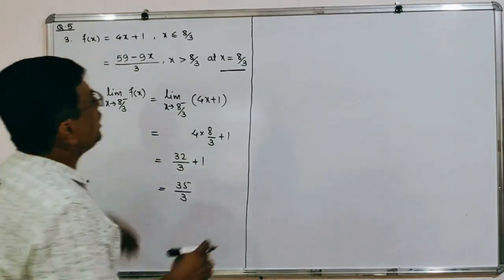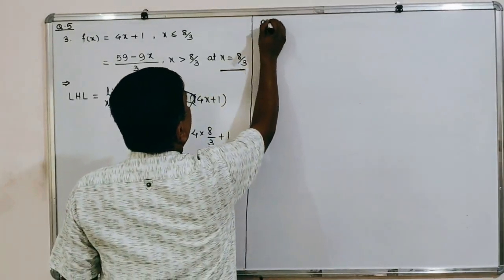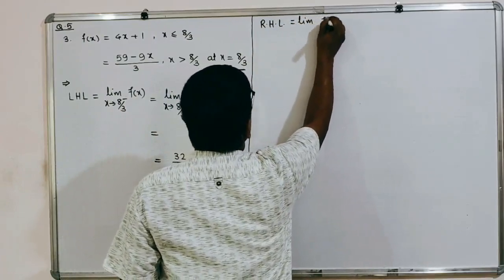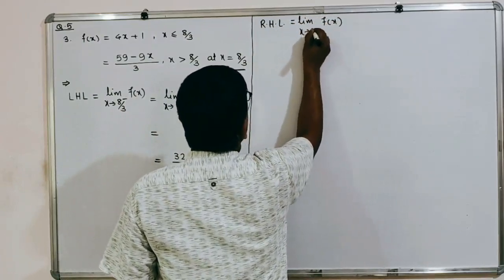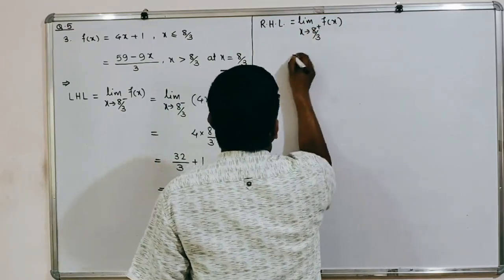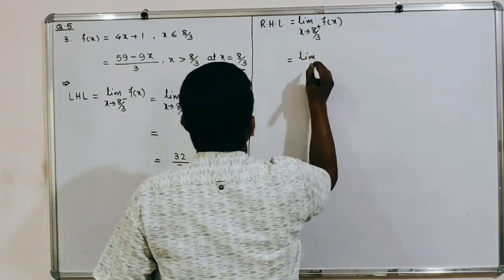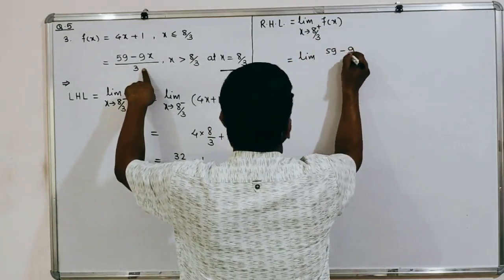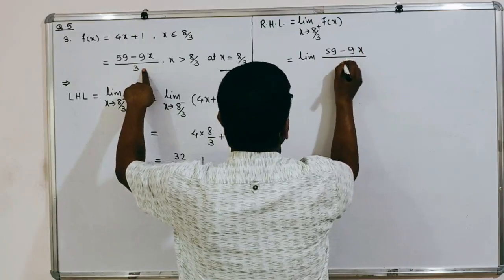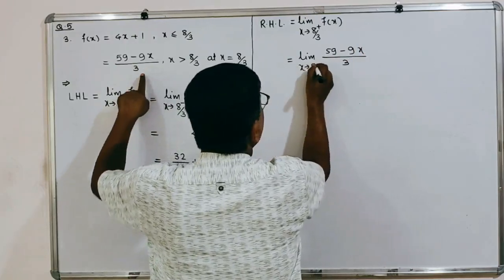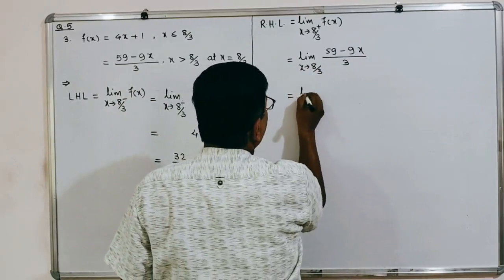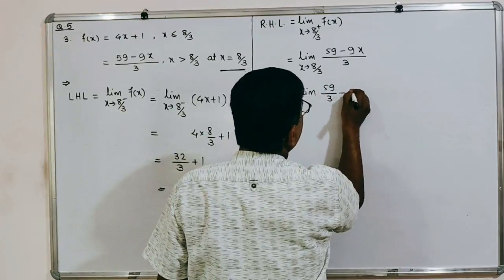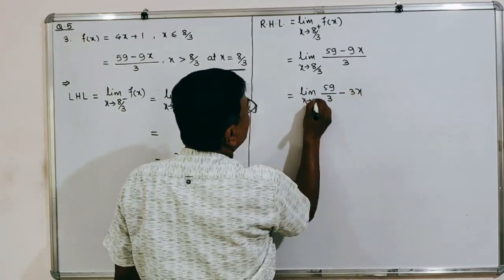Now for RHL, right hand side limit, we have limit of f of x as x tends to 8 by 3 plus, that is equal to limit of function 8 by 3 plus के लिए 59 minus 9x divided by 3 as x tends to 8 by 3. We can write it as limit of 59 by 3 minus 3x as x tends to 8 by 3.